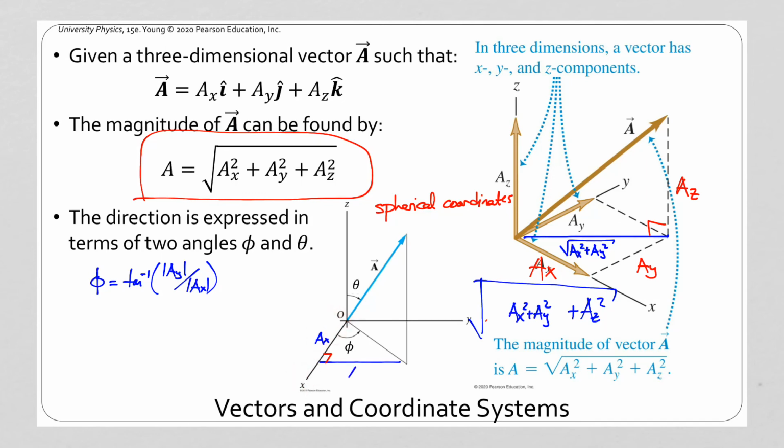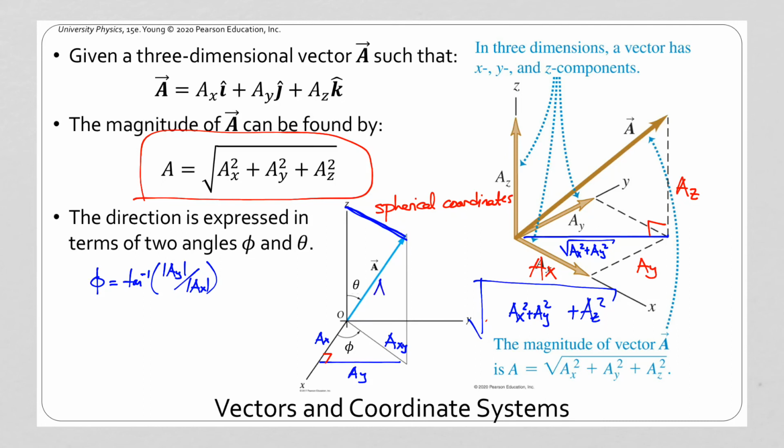This is ay pointing along the y-axis. And so we can find this angle here from this right triangle that we have, and we can find angle phi. And that's going to give us this quantity here, which let's call Axy, because it's the component of A that's along the xy plane.